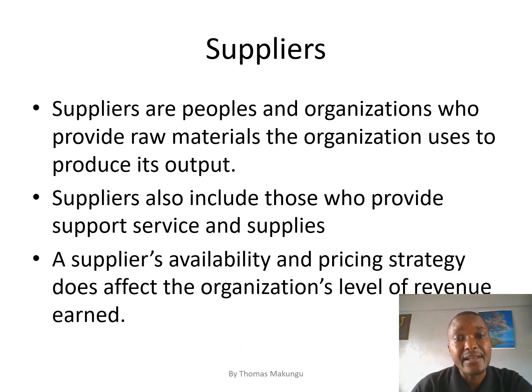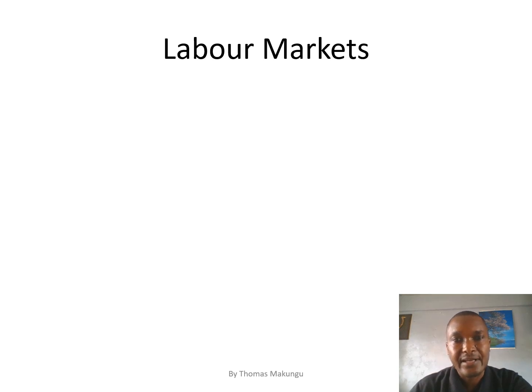Suppliers' availability and pricing strategy do affect the organization's level of revenue. And so the availability of suppliers is very important. If suppliers are few, it means that they are likely to charge higher prices, and they'll affect our profitability as organizations. So it's important that we analyze this particular element of the environment so that we can progress well.